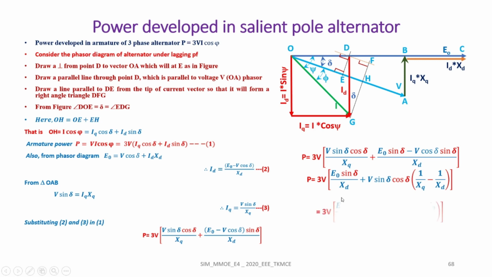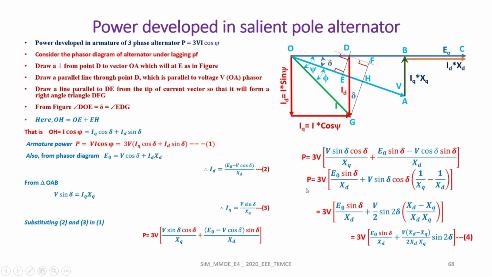Further simplifying, we can obtain the expression as 3V E0 sin delta divided by XD plus V into XD minus SQ divided by 2 XD SQ sin 2 delta. So this is the simplified expression for power developed in a salient pole alternator.